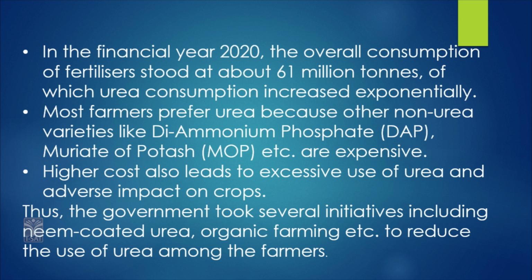Instead of taking DAP or MOP, most farmers use urea only. The higher cost also leads to excessive use of urea and adverse impacts on crops. Thus, the government took several initiatives including neem coated urea, organic farming etc. to reduce the use of urea among farmers.